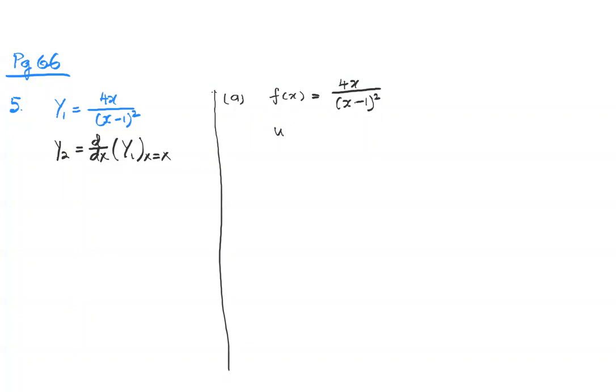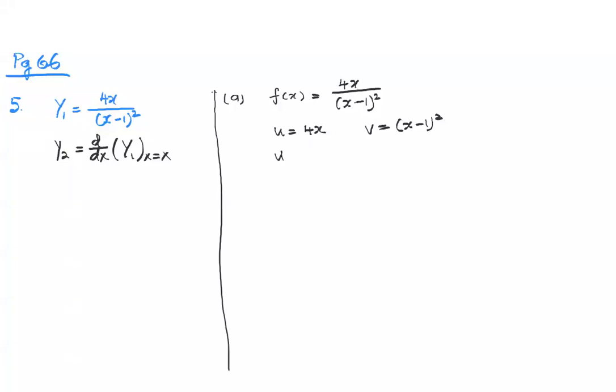U is equal to 4x. V is equal to x minus 1 squared. Are you clear? Okay, everyone's still keying in. So, first part A, they say show that. So you have to differentiate it manually.